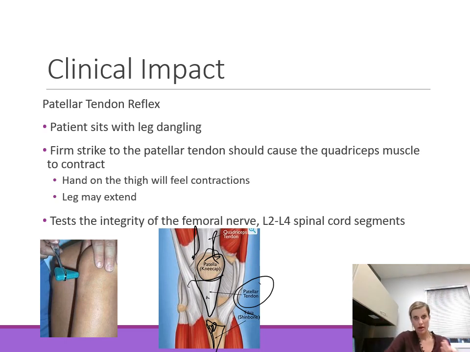So the leg may kick out and extend. But putting a hand on the thigh will allow you to feel if there's any reflexive contraction at all. This tests the integrity of the femoral nerve, which innervates the quadriceps muscles, as well as the L2 through L4 spinal cord segments.